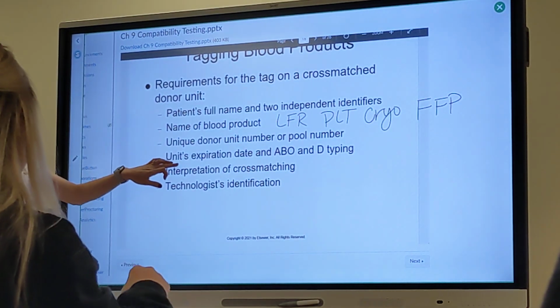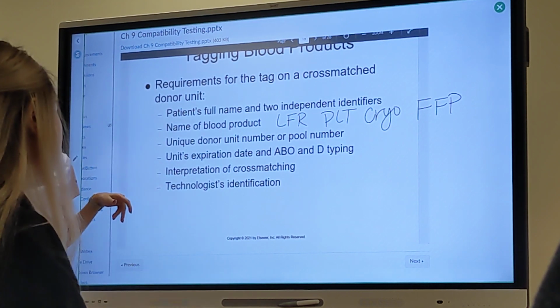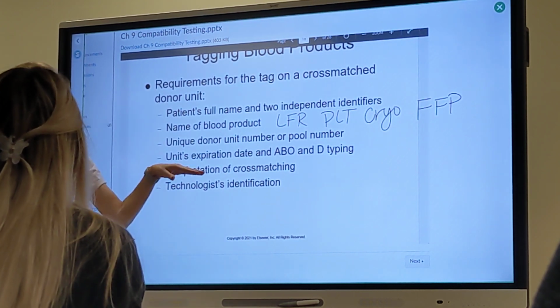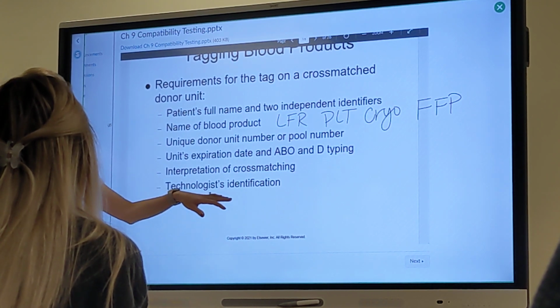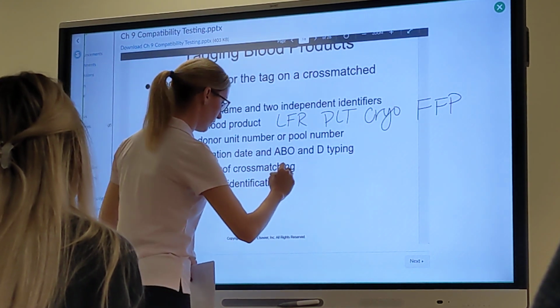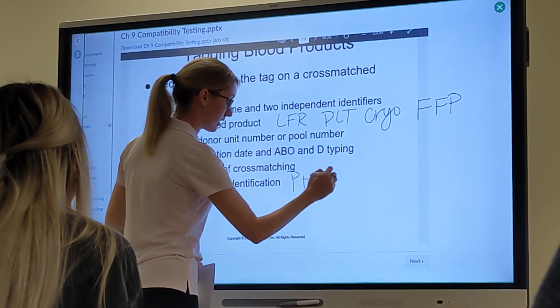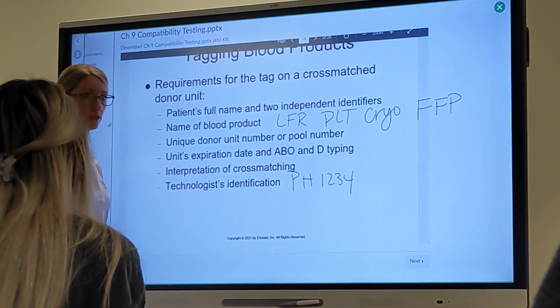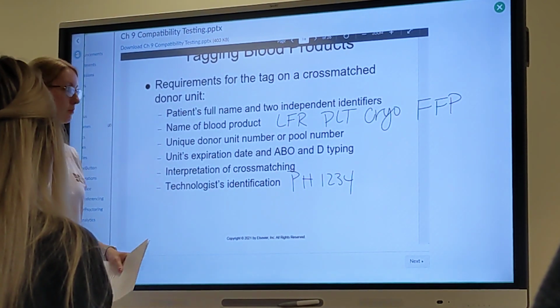It has the unit's expiration date, the ABO and D typing, the interpretation of the cross-matching. It better say compatible. And then the technologist identification, so it'll say Peyton Hartman and his number on there. There's no question about who did any of the workup.